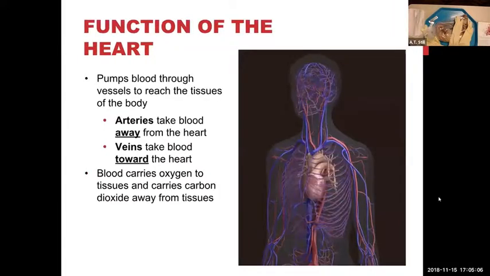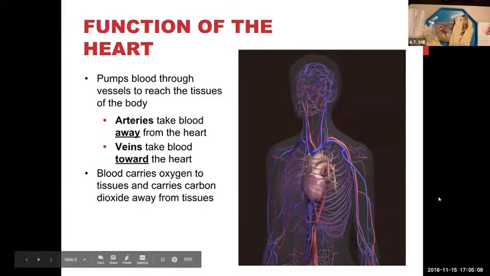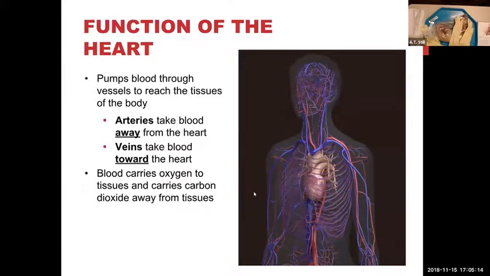Okay, so if we just talk about the function of the heart, basically, it's a muscle, like I said before, and it contracts to pump blood throughout the body. So the heart will push the blood out into the body, and that's important because the blood carries oxygen to the tissues, and that's what they need to survive and to function.